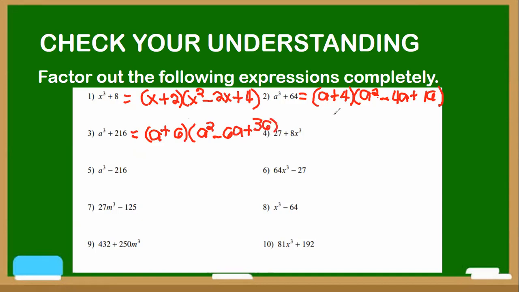For number 4, this is 3 plus 2x. So we're going to multiply this by 9 minus 6x plus 4x squared.